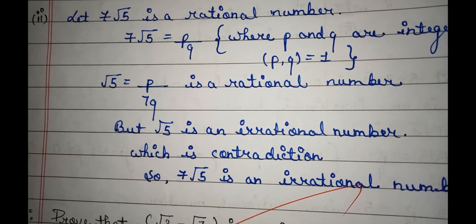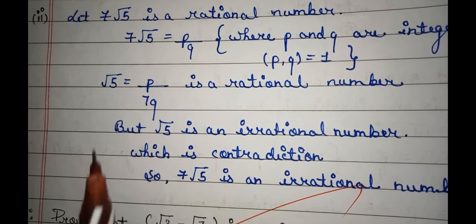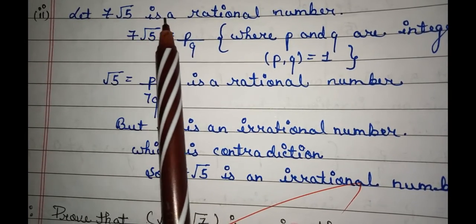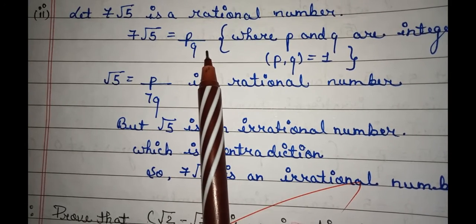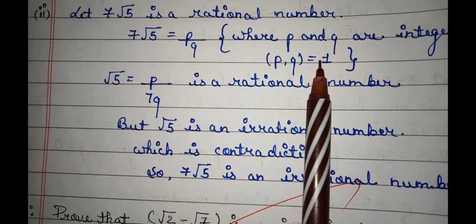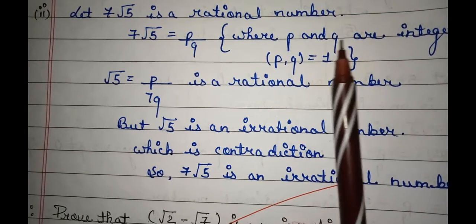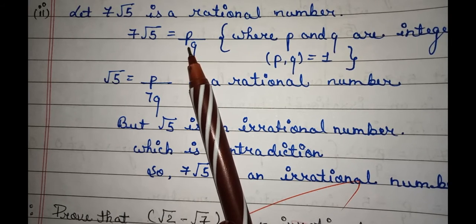Now we have to prove that 7 root 5 is an irrational number. So firstly we will consider 7 root 5 as a rational number. So we can express this in the form of P upon Q, where P and Q must not have any common factor. Also P and Q are integers and this Q does not equal 0.